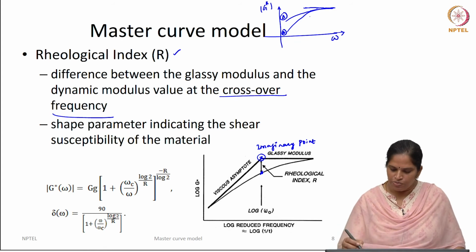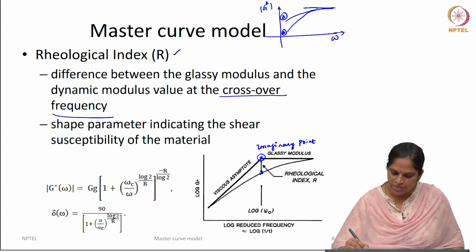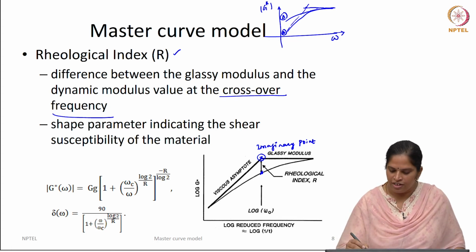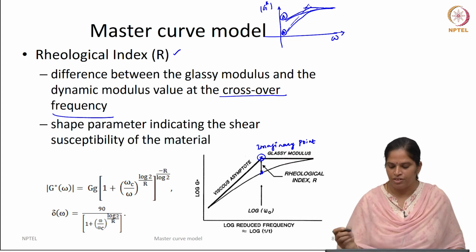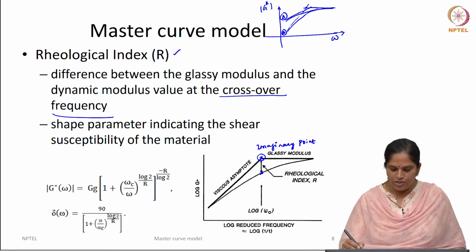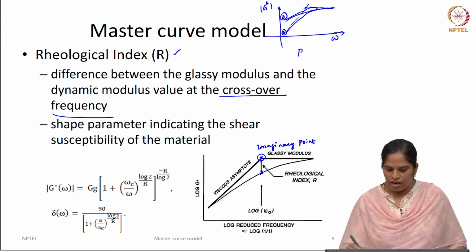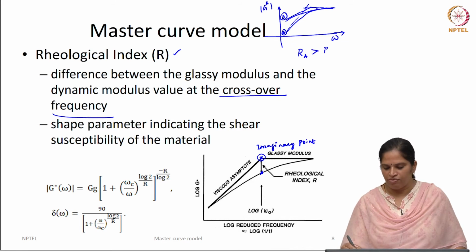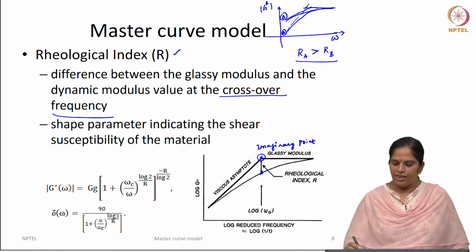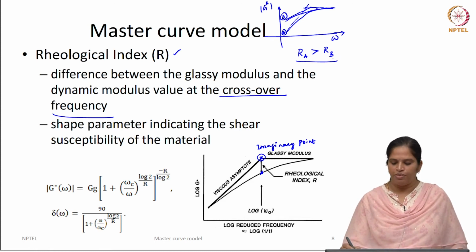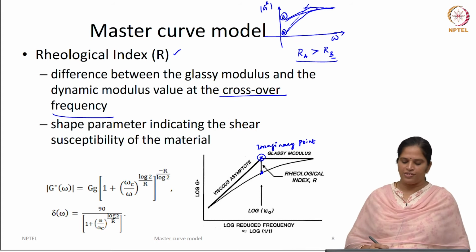Let us assume the viscous asymptote meeting point is here, and for this case the viscous asymptote will be somewhere here, exactly at the viscous asymptote or crossover point. Now if you see, R for binder A will be greater than R for binder B. So the rheological index measured for binder A will be greater than that of binder B in this case.